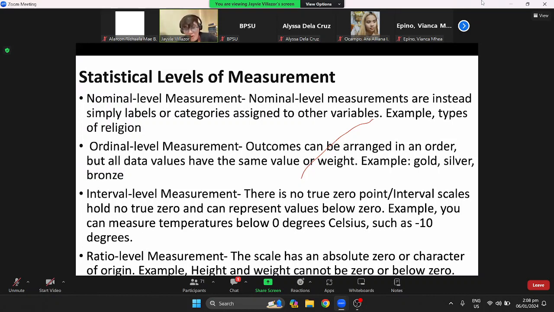Okay, so it should be zero and above, but you cannot go zero and below, because you can interpret zero and below, that's not ratio, that's interval. Okay, but if we're going to use SPSS, guys, usually si interval tsaka si ratio, lagi siyang magkasama. Okay? Ngayon, later on, mas maki-clarify natin yan pag nag-navigate tayo ng SPSS.